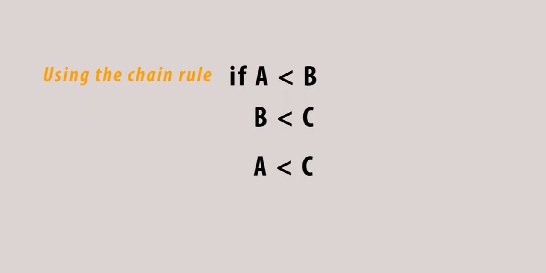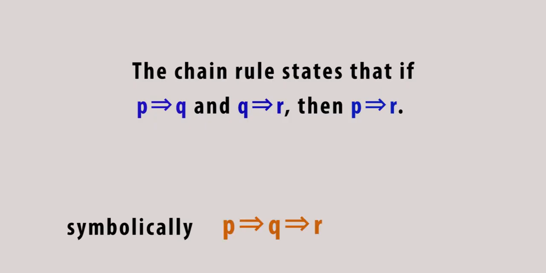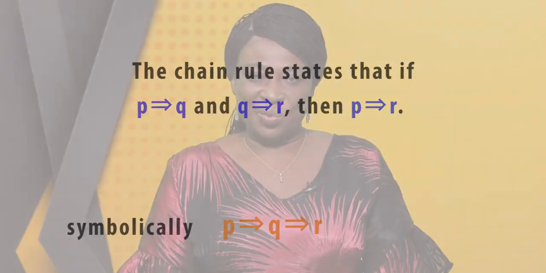The chain rule states that if P implies Q and Q implies R, then P implies R. Symbolically, we can write it like this. P implies Q, and Q implies R. Good.